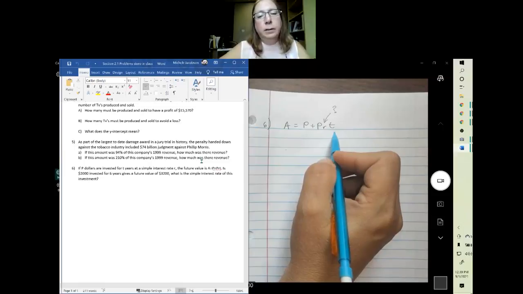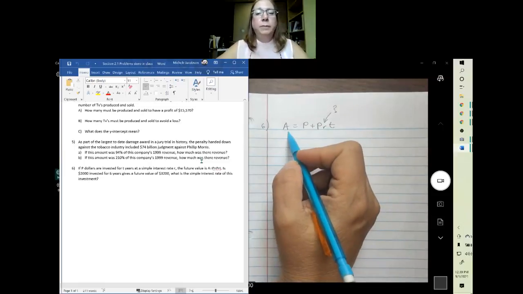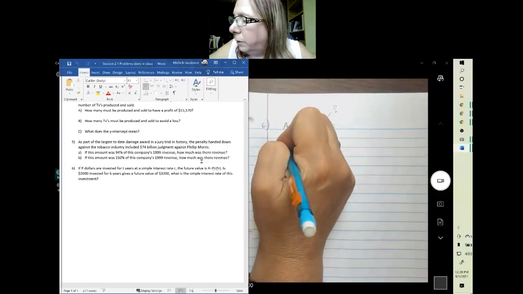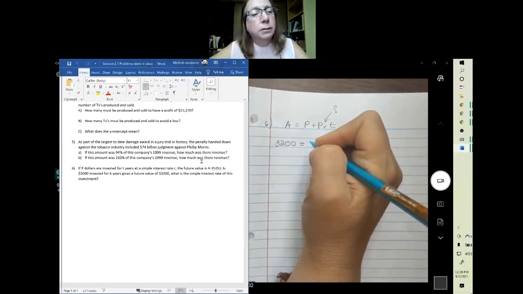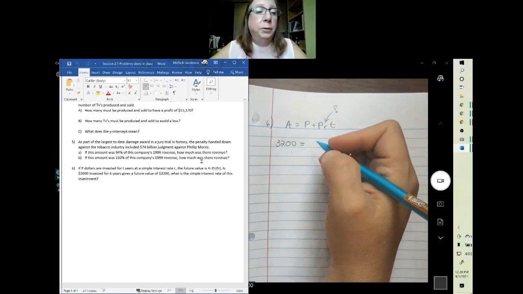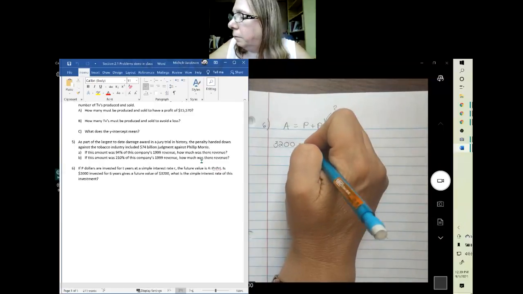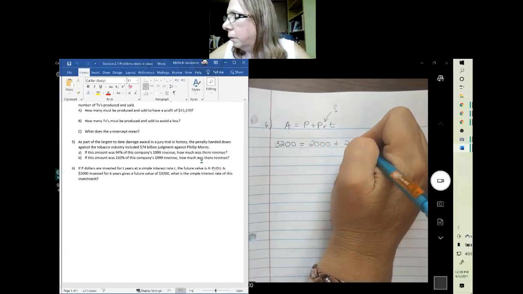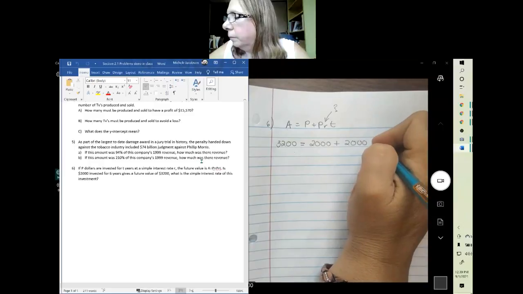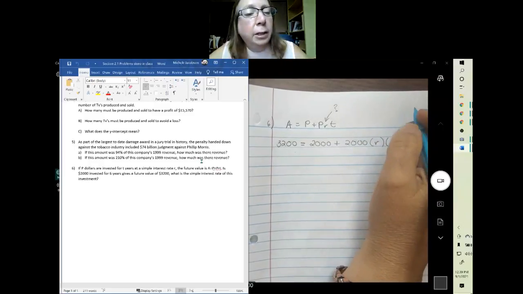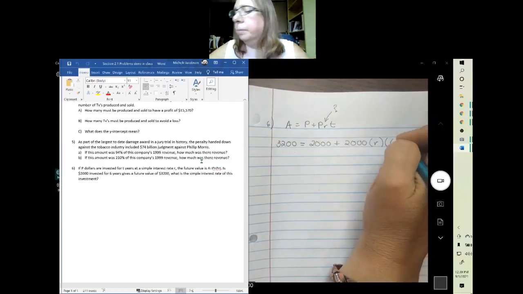So if we look, A, future value. The future value, 3,200. The investment, the starting amount, the principal is the 2,000. We're looking for R. T is the number of years, which is 6.